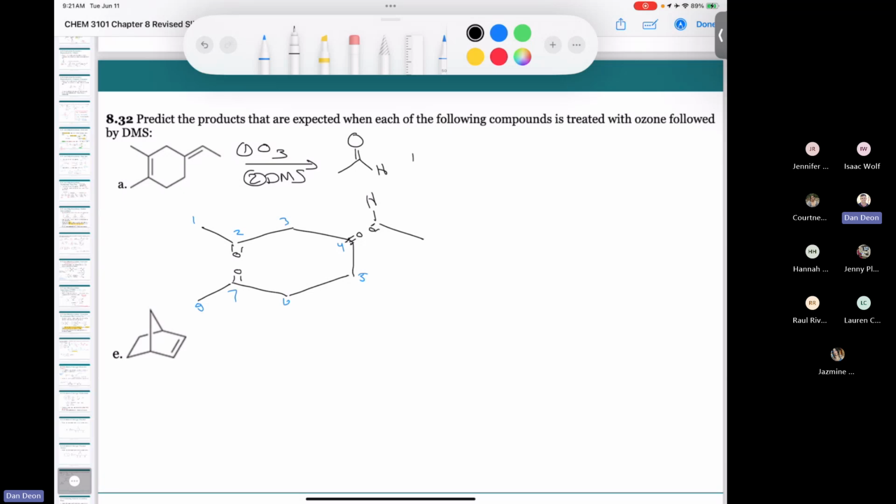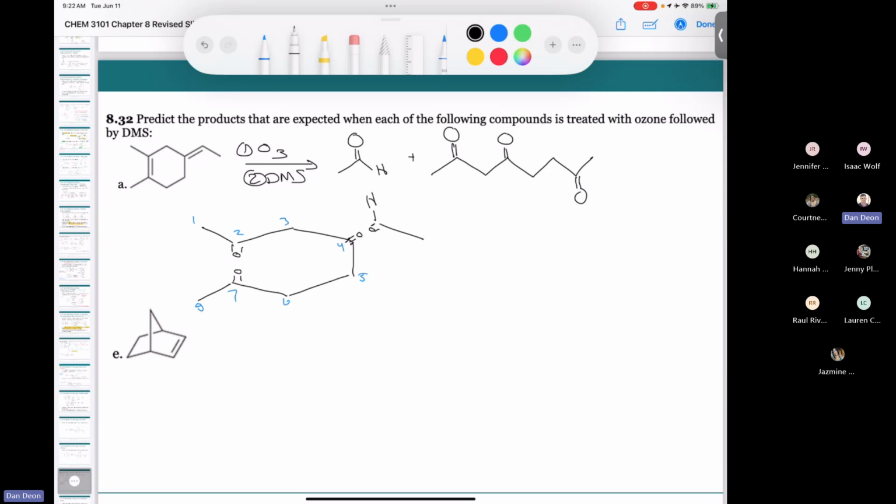So we'll put here 1, 2, 3, 4, 5, 6, 7, 8. And then we have carbonyl groups at carbons 2, 4, and 7. And so there you go. So those are the two products.